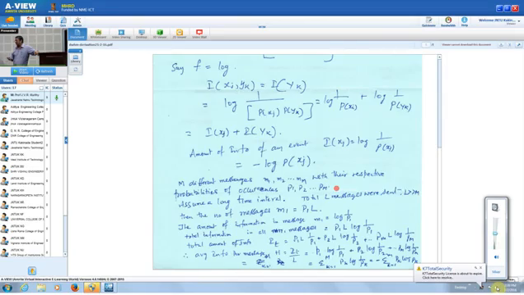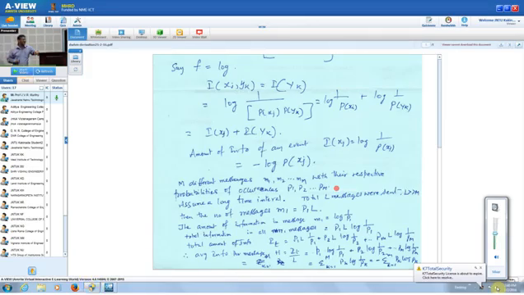The messages M1, M2, etc. are there. So the message M1 may be transmitted some number of times. M2 could be transmitted some number of times, M3 could be some number of times, because they need not have an equal number of transmissions.